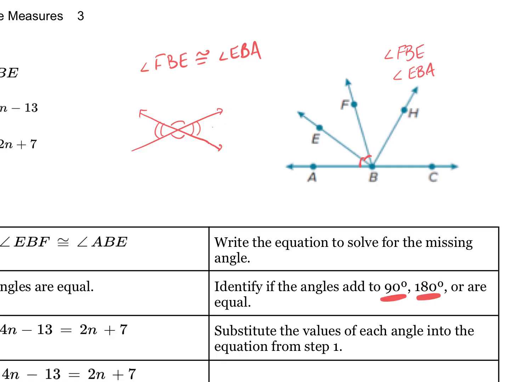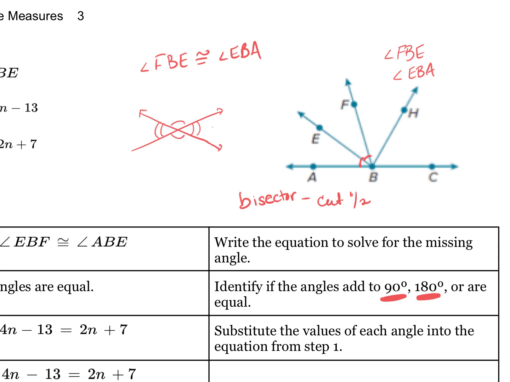Now, the only other time that we can assume that two angles are congruent to one another is if we see the word bisector. Okay, to bisect something means to cut in half, or to create two smaller congruent parts. Okay, this was similar to the definition of midpoint that we used in our previous unit.